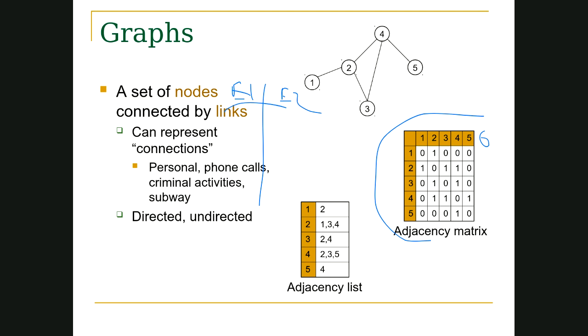Then for this graph, 1 and 2 are connected. Then I can say 2 and 3 are connected. I can say 4 and 3 are connected. 2 and 4 are connected. And so forth. So if I want to add a 6th node here that's connected to 4, all I have to do is add a 6 and a 4. It works better in a database to have it that way.